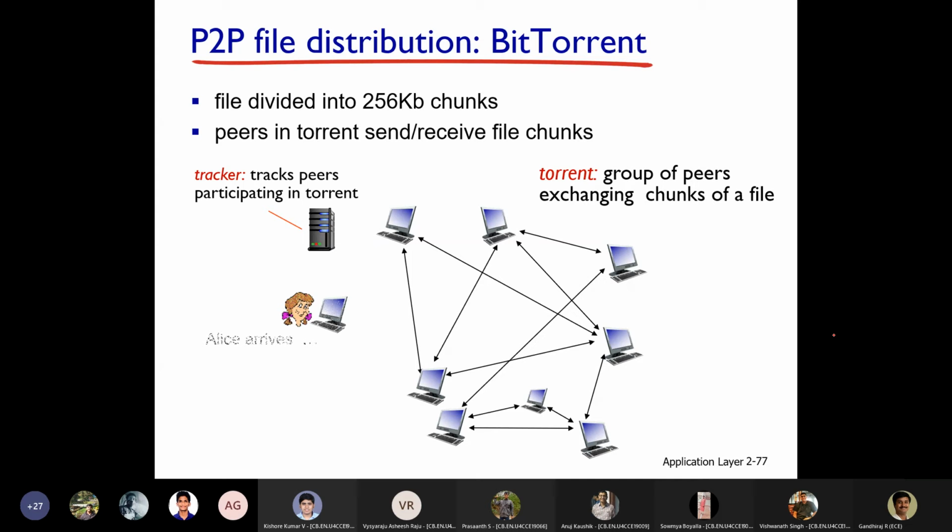Okay, this is all about how the file is divided into 256 KB chunks and peers in the torrent send and receive file chunks. So how does it happen inside? There is a concept called the tracker. The tracker tracks the peers participating in the torrent, that is, who are currently live and ready to share content.